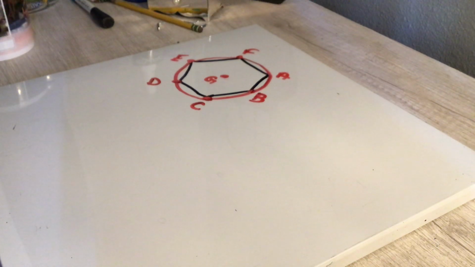Okay, so just like the angles, we can take our regular polygons and divide them into equilateral triangles to find the area.